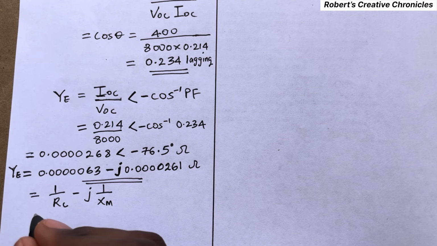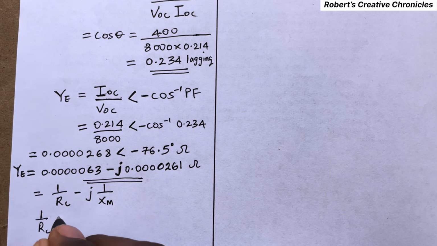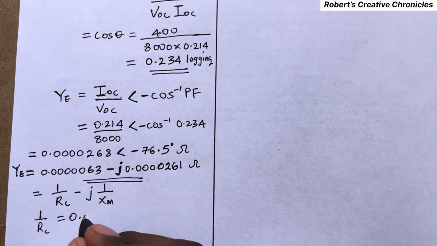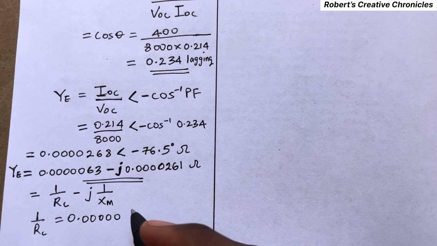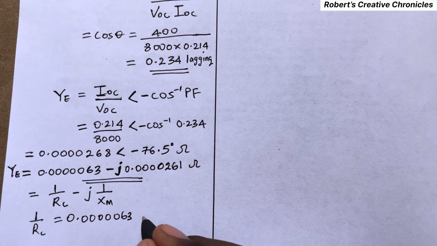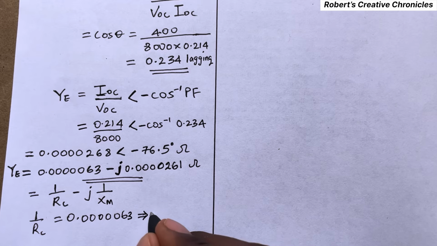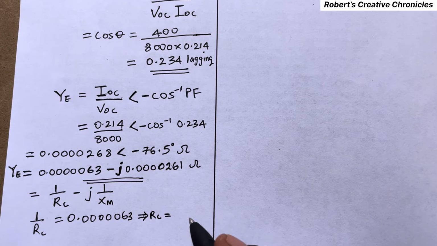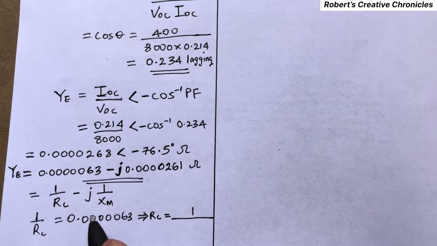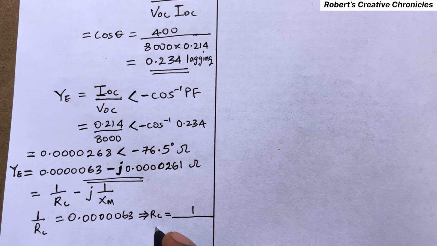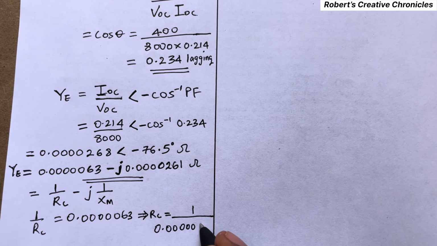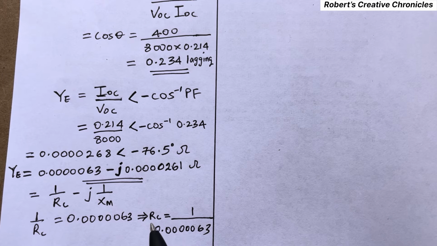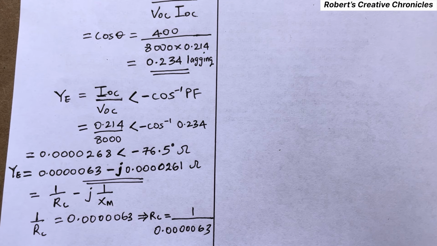So now we can conclude that 1 over RC is equal to 0.0000063. That means RC is equal to, when you rearrange, 1 over 0.0000063. So the inverse of this, which is 1 over this, is RC.